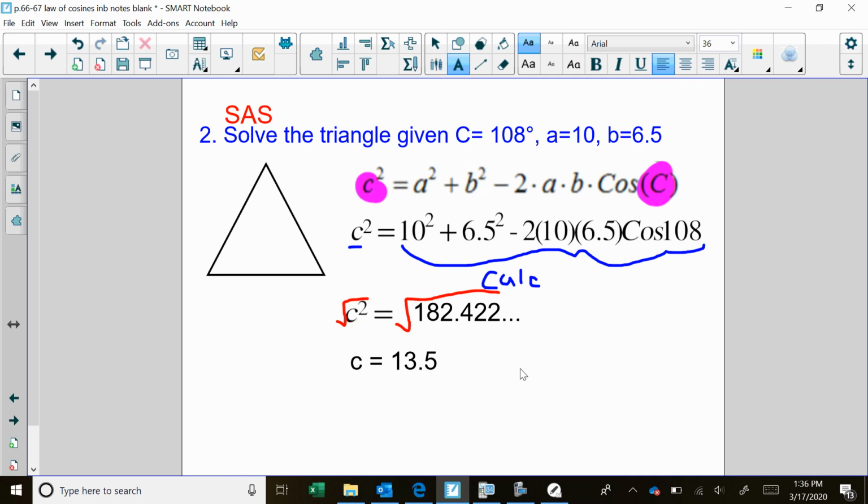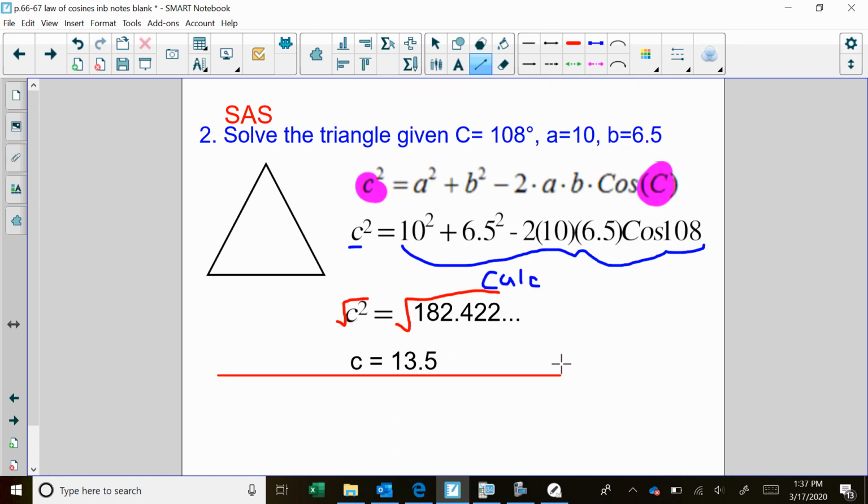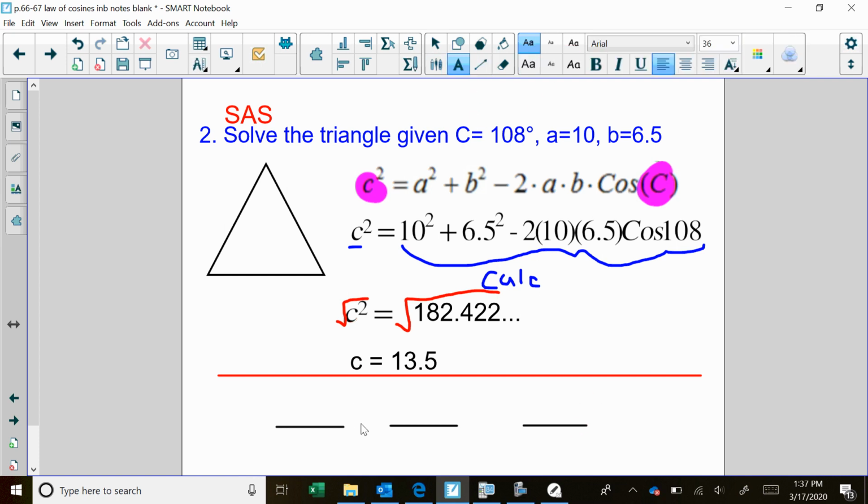So what do we do after we find that side length? Well, we turn right back over to law of sines and we jump back into the proportions of things. So that's our first answer for this problem. Let's set up the proportion. Get some equal signs.